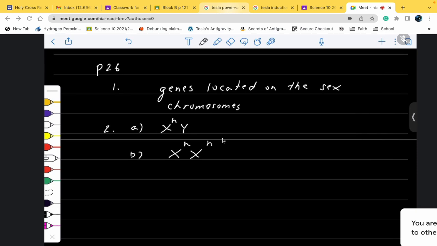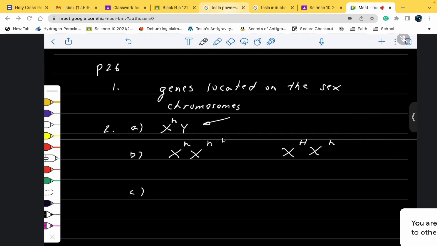If she had one uppercase and a lowercase, she would simply be a carrier. It would not appear. For a woman, you have to have both alleles with the recessive trait. For a man, you only have to have one of the chromosomes showing the lowercase h.